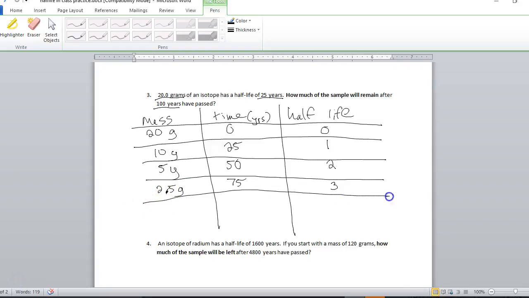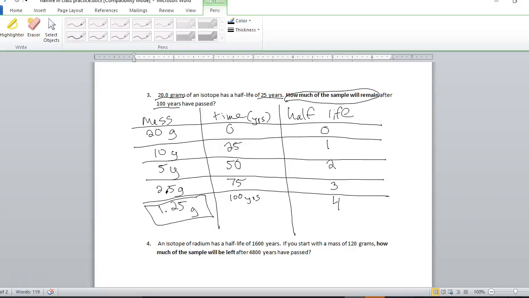And then finally, we reach our 100 years. The problem says what's going to remain after 100 years? This would be the fourth half-life, so it went through 4 half-lives. Well, 2.5 divided by 2 would be 1.25 grams. So that would be your answer.